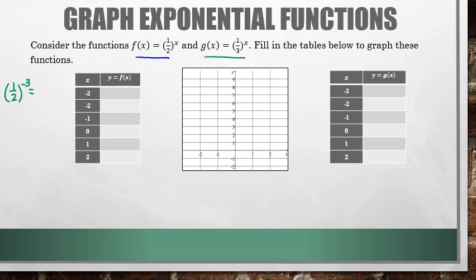Whenever you have a negative exponent and you have a fraction, what you can do is take the reciprocal of the fraction, which the reciprocal of 1/2 would be 2 over 1, or just 2. And then you can make the exponent positive.